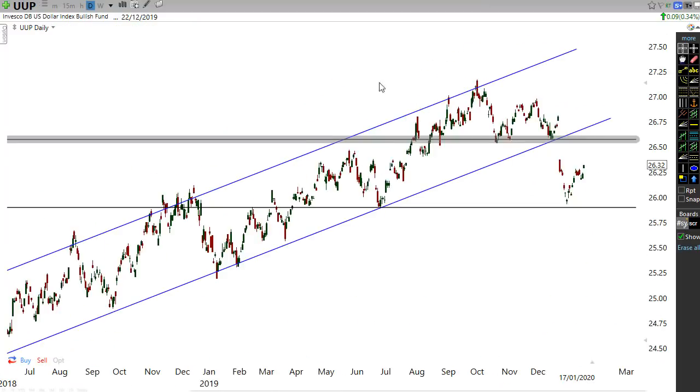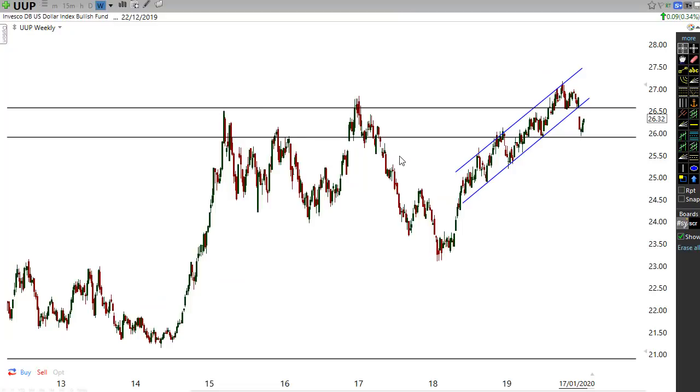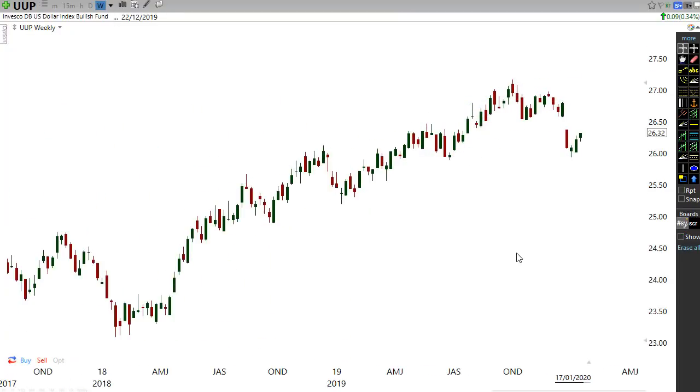Now let me see if I can bring up a clearer chart so you can see. You can see how we've gone low, higher low, higher high, higher low, higher high, higher low, higher high, higher low, and then what is this? This is now a lower high.